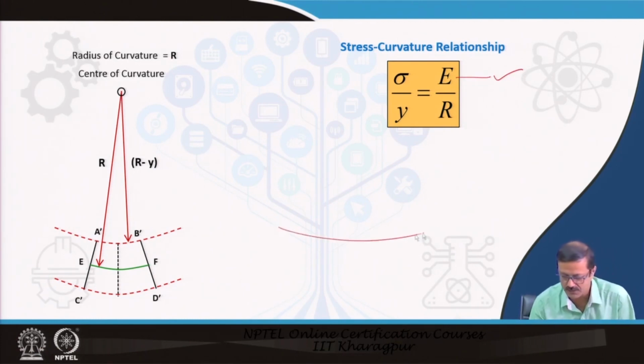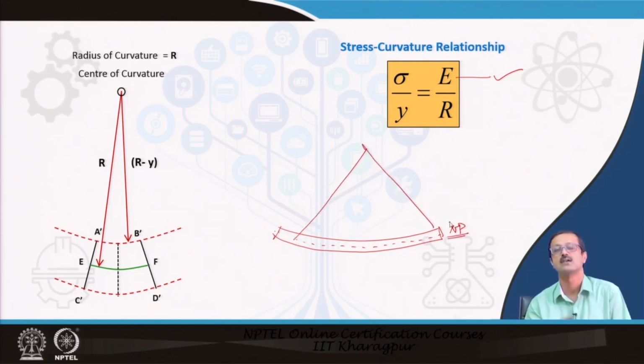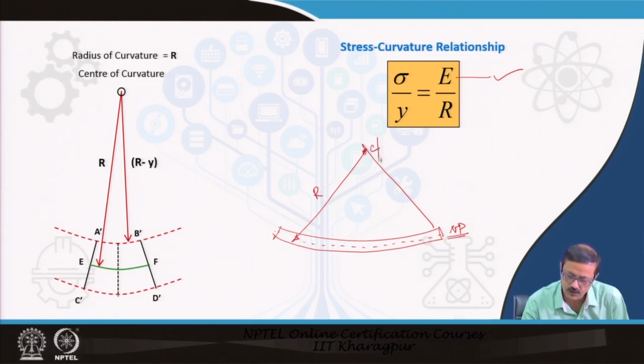If the beam is bending like this, then R is measured from the center line of the beam, which is the neutral axis, or the neutral plane, you may say. We will assume that this is purely circular. So this is your R, the radius of curvature, and this is your center of curvature.